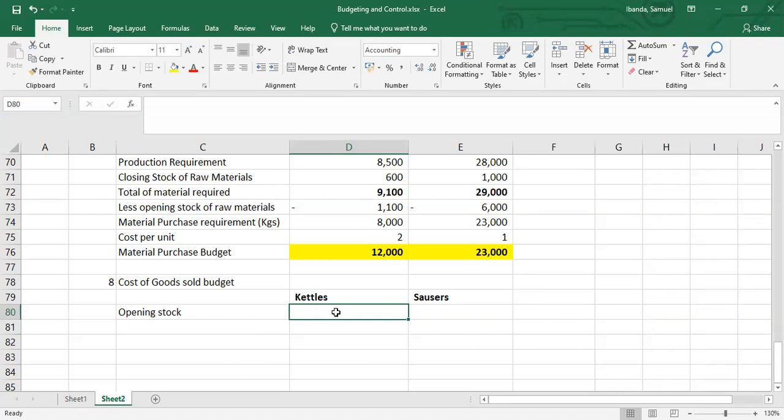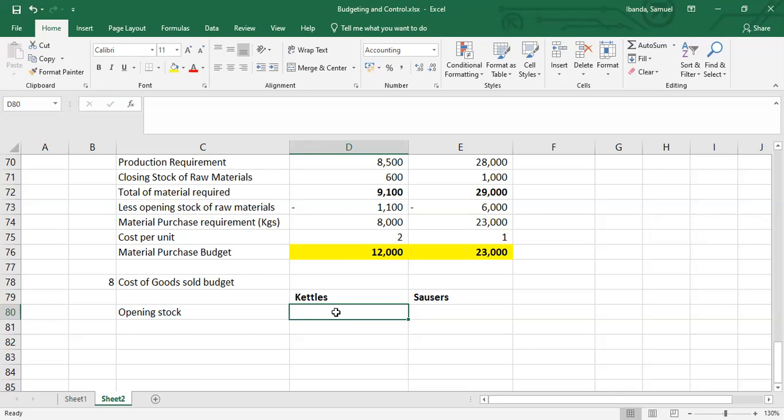After giving us the opening stock, they go ahead to give us the unit cost of this opening stock, which is 20 and 28.